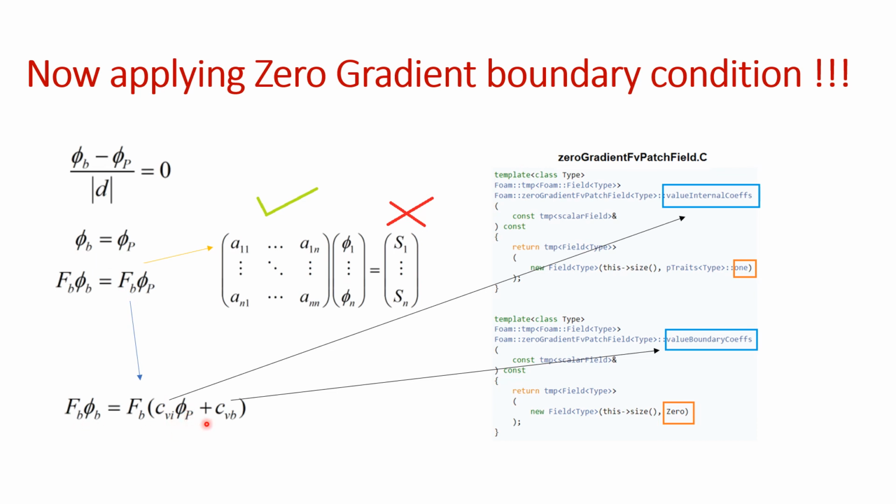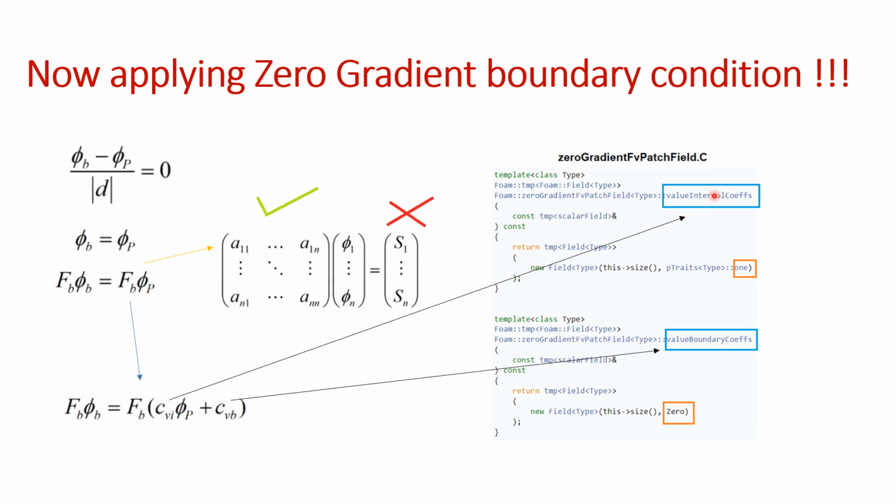What can we see? Clearly we see that if we keep something as 1 and something as 0, we will get this expression. What is that something? If CVI is kept as 1 and CVB is kept as 0, this equation will become Fb phi p, the same as this. Yes, this is how it is implemented in OpenFOAM.